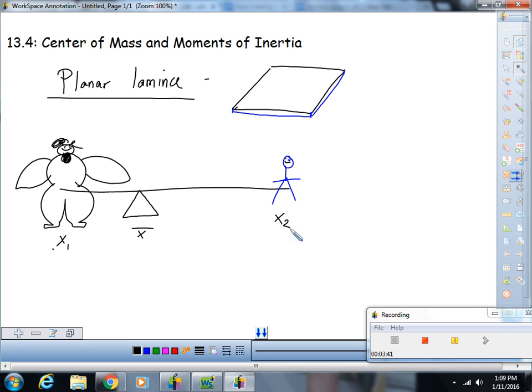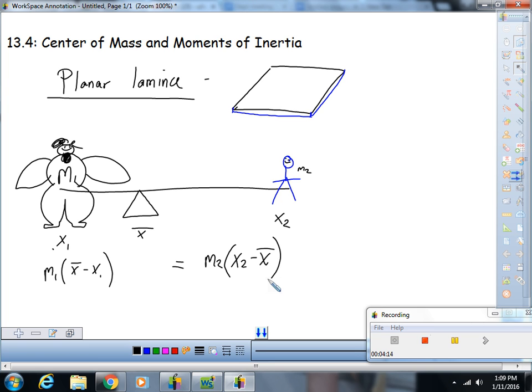We would have to say that my mass times my distance, positive, so I'll do x bar minus x1, would have to be equal to Mr. G's mass times, and now I'll do x2 minus x bar, again, to keep that positive. And that would have to be true in order for our system to have some balance, okay?